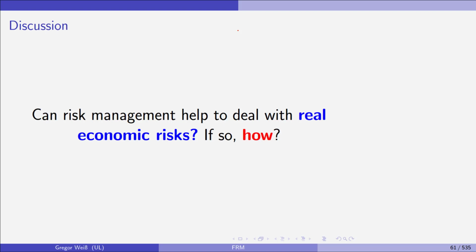In the case of a fire, well, the fire itself is not financial, and the instrument, how to manage this risk, is definitely not financial. Installing a fire detector is quite far away from using an option or a derivative contract. So yes, risk management can help, of course, to deal with these real economic risks, but with different methods, I would say.